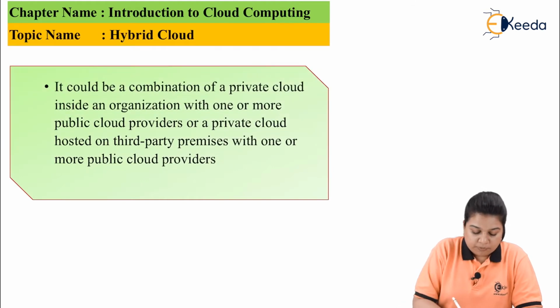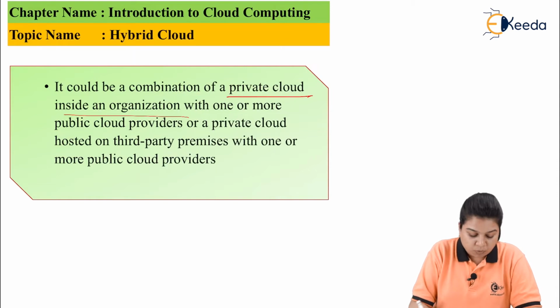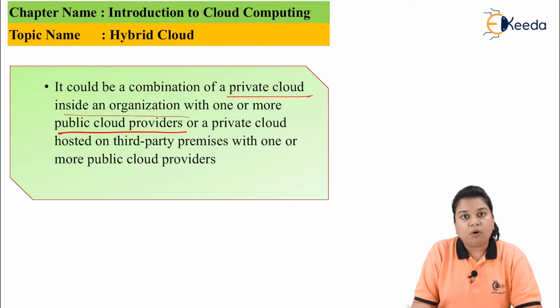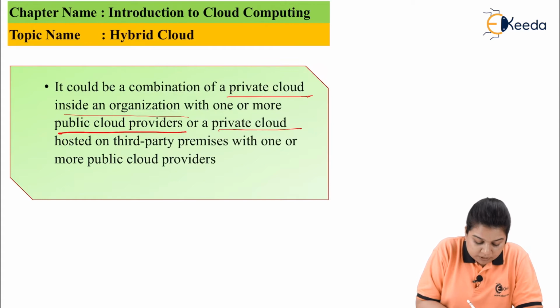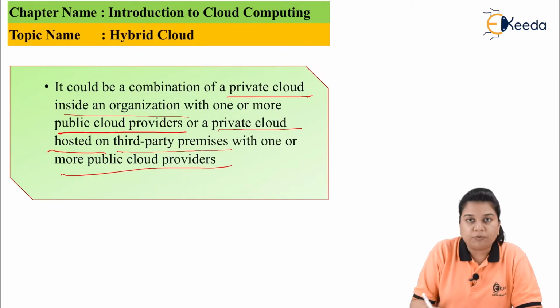It could be the combination of a private cloud inside an organization with one or more public cloud providers, or a private cloud hosted on third-party premises with one or more public cloud providers.